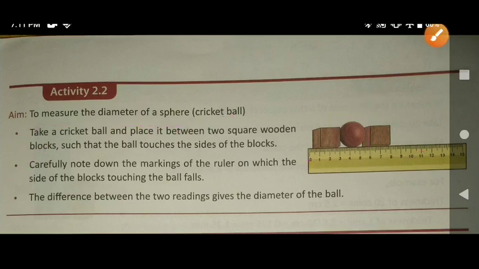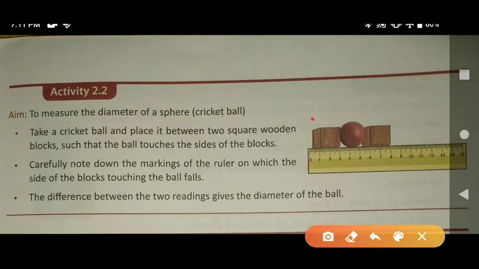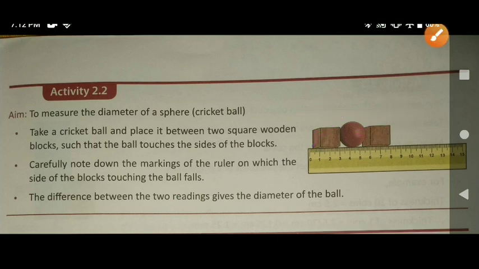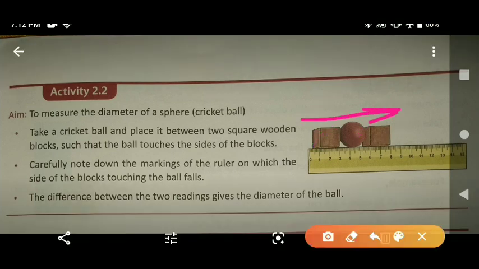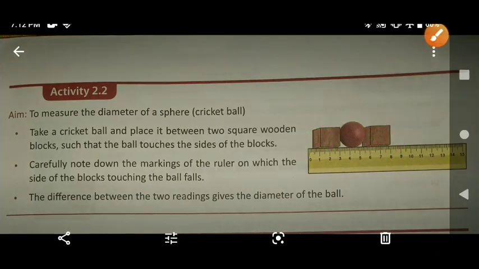That means find the difference between the total length of the square blocks and ball and the total length of the square blocks. By this we can find the diameter of the ball.